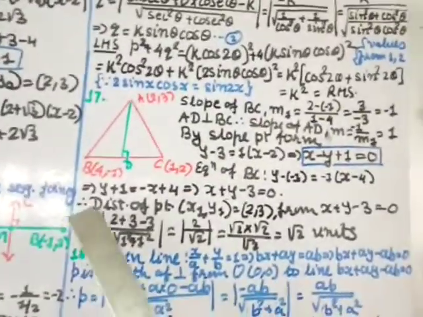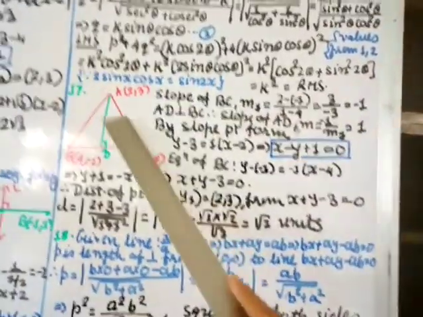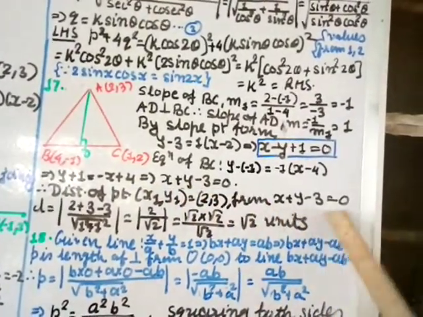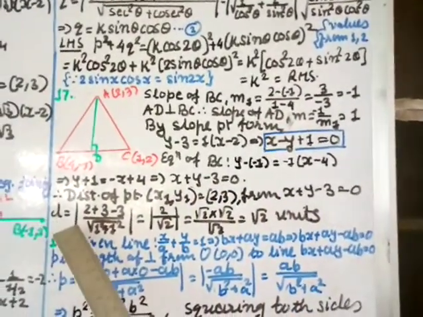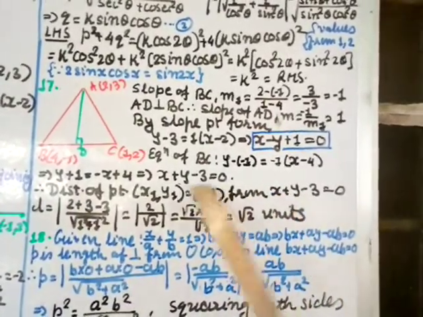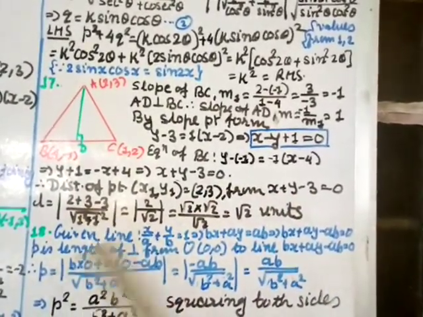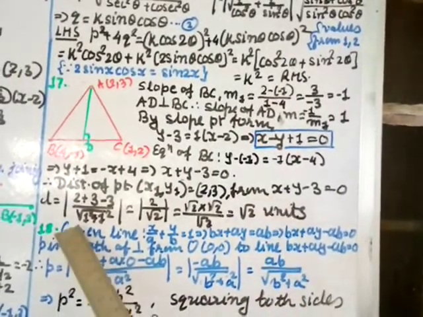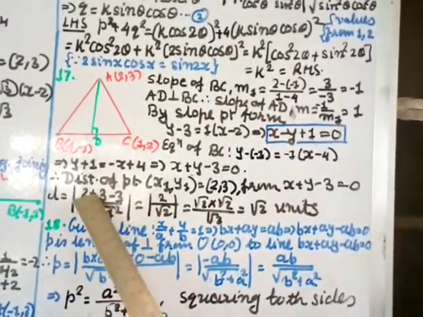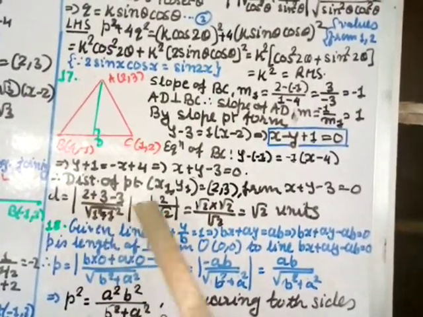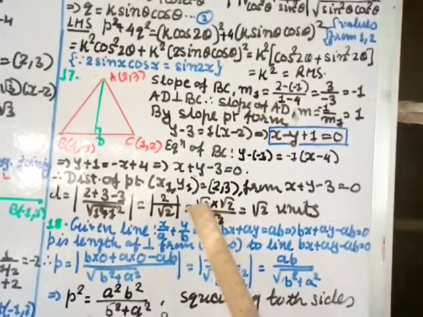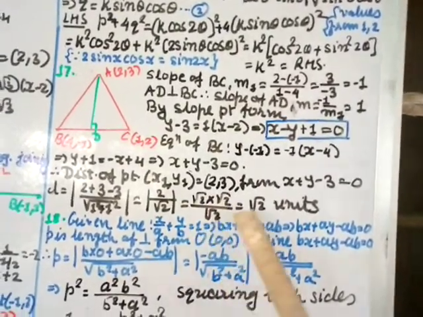So let us write the distance of the point (x1, y1), that is (2, 3), from the line BC, that is x plus y minus 3 equal to 0. Okay, so d equals, put 2 instead of x, so 2 plus y as 3, minus 3, divided by the square root of the coefficient of x, 1 squared, plus the coefficient of y, 1 squared. The 3 and minus 3 cancel, so 2 divided by root 2, and 2 can be written as root 2 times root 2, so one root 2 cancels, giving root 2 units.